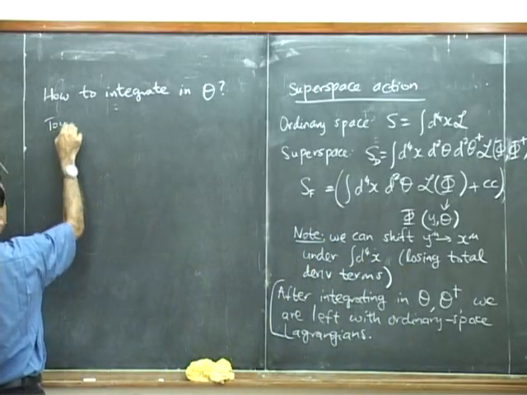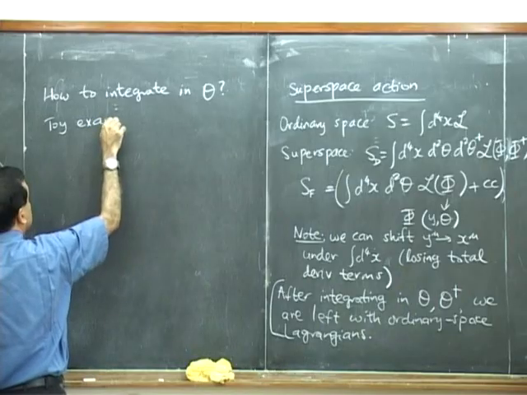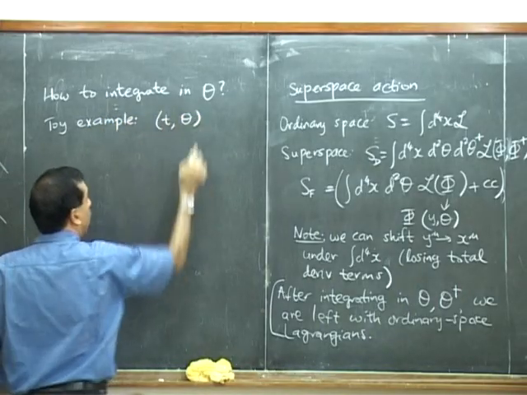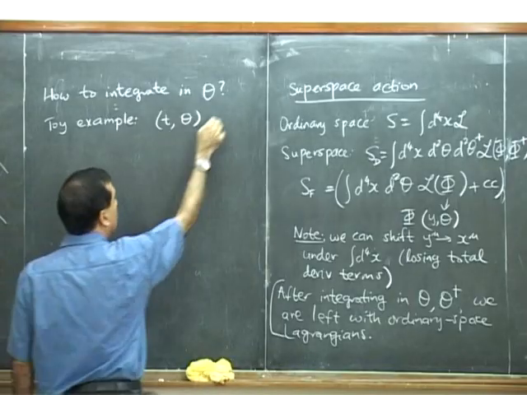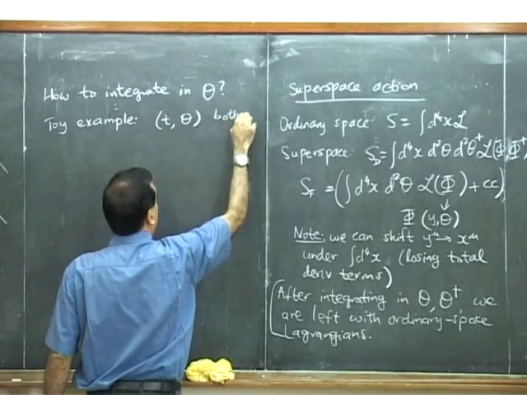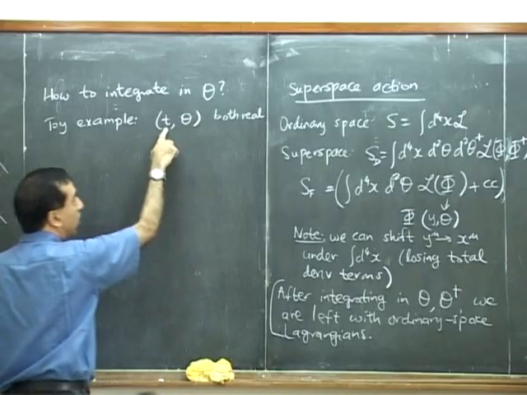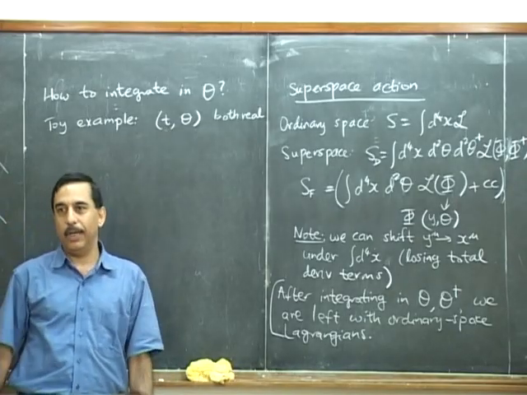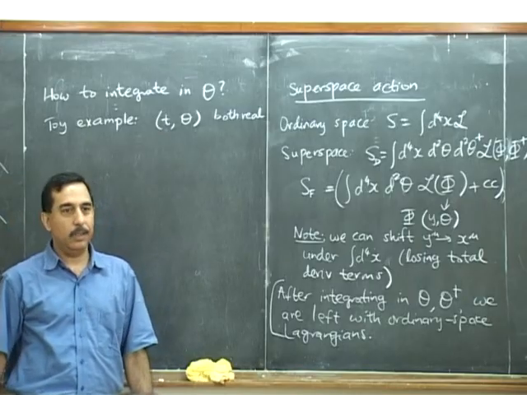So the toy example has a very small superspace with two coordinates, t and theta, both real. One commuting coordinate and one anti-commuting coordinate. Just a toy example to think about functions on it.